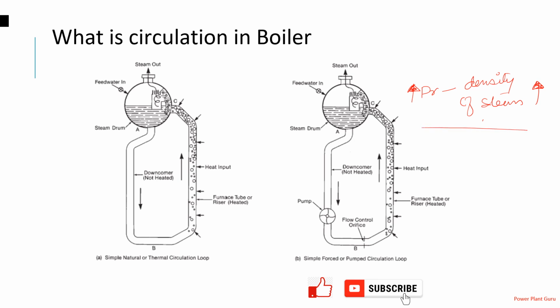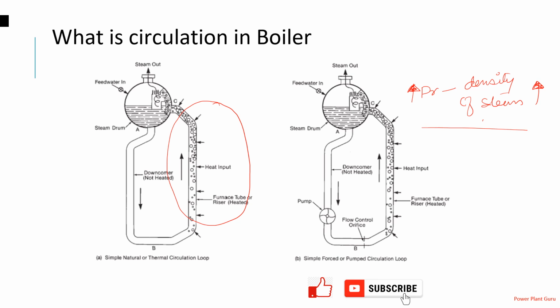So here, what we have learned in the previous slide also: you are giving some heat input and then there is nucleate boiling happening, and there is a mixture of water and steam. This mixture will definitely have lower density than relatively colder water, so it will go up and the colder water will go down, and this natural circulation will happen.